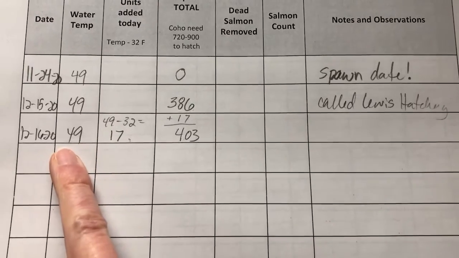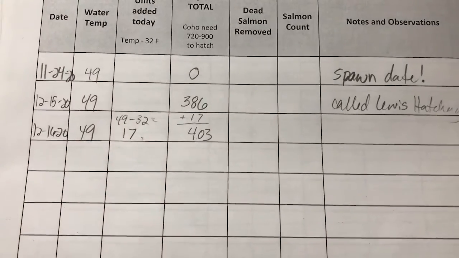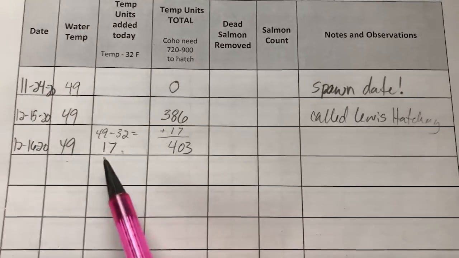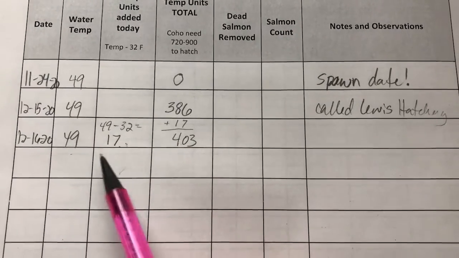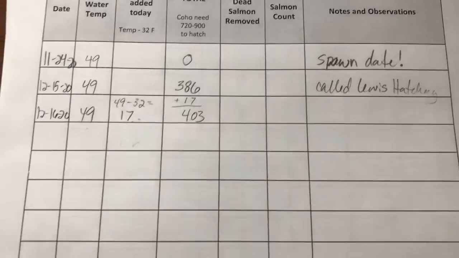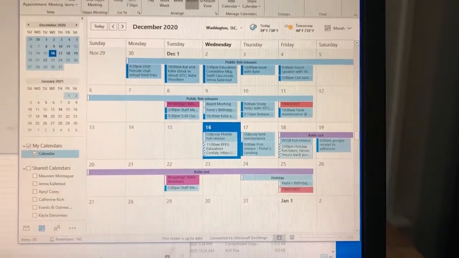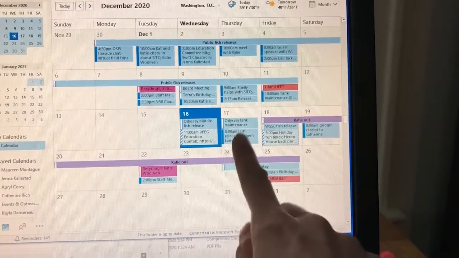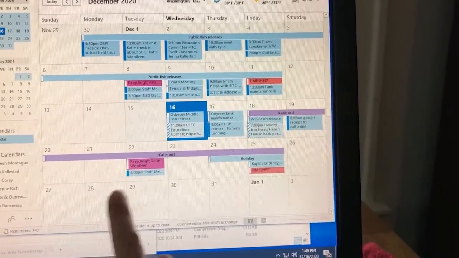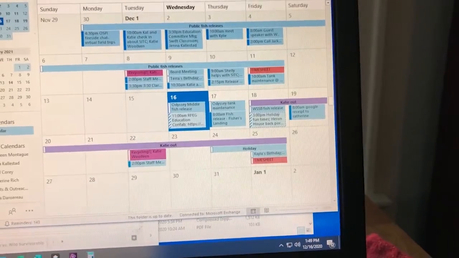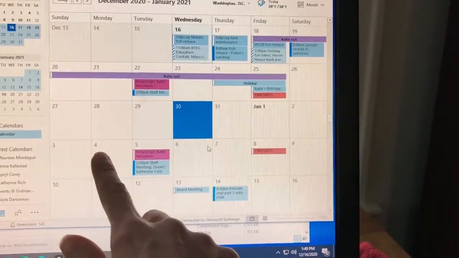Since I'm assuming that the water temperature is going to stay at 49 when they're at Lewis, I know that we're going to be adding 17 each day. So plus 17, plus 17, plus 17. So I'm literally just going to count the days. Okay, so 1, 2, 3, 4, 5, 6, 7, 8, 9, 10, 11, 12, 13, 14, 15, 16, 17, 18, 19.